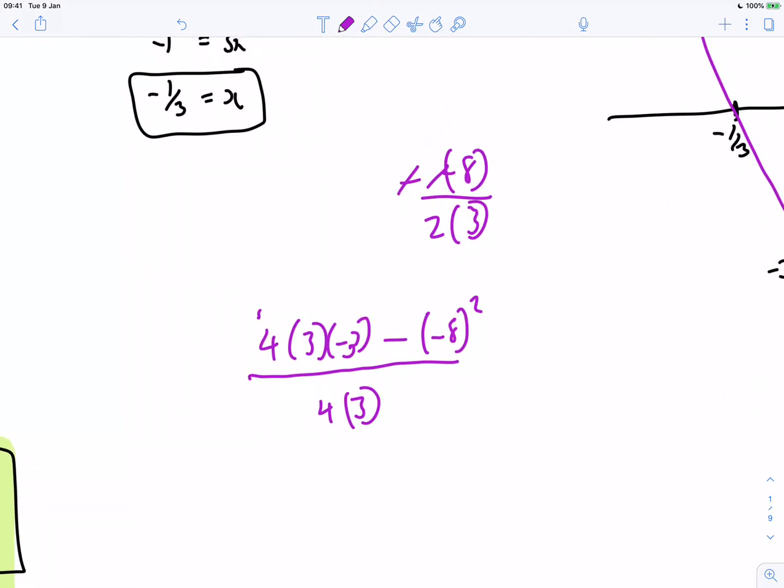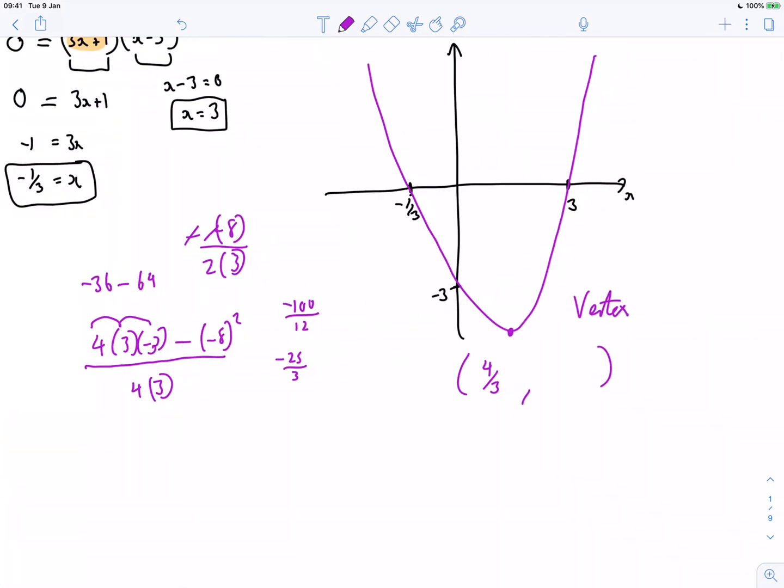Okay, 4 times 3 times minus 3 is minus 36, minus 8 squared is 64, because that makes positive, so that's minus 100 over 4 times 3, so that's minus 100 over 12. You can divide by 4 top and bottom to get minus 25 over 3.